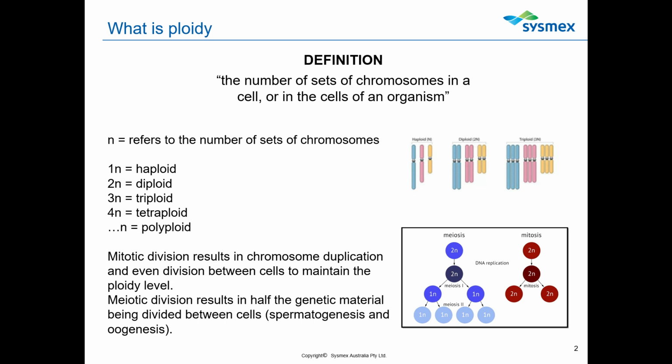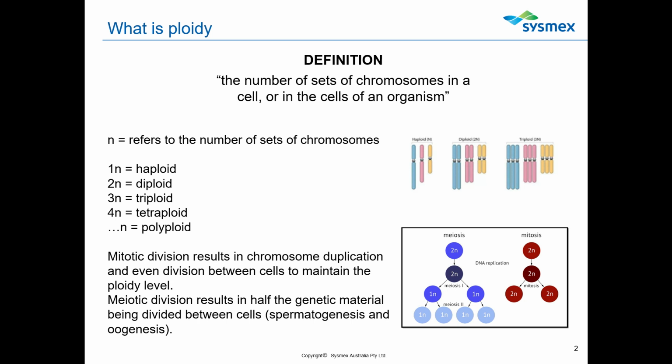So mitotic division results in the chromosome duplication within a cell, and this results in the even division of DNA between cells to maintain the level of ploidy. So the mitosis is shown on the right-hand side there in red, where we have a 2N organism divide and replicate its DNA and then divide into two cells so that then we have duplicate copies with even numbers of chromosome in both copies.